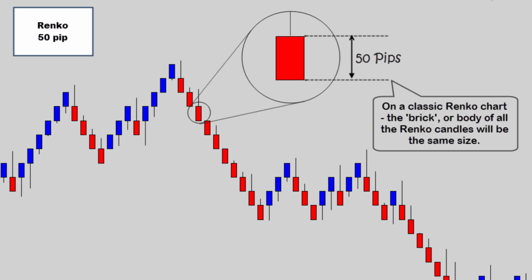The keyword to note here is price movement, or amount of pips. A new brick is created when the price moves a specified price amount, and each block is positioned at a 45-degree angle up or down to the right of the prior brick.